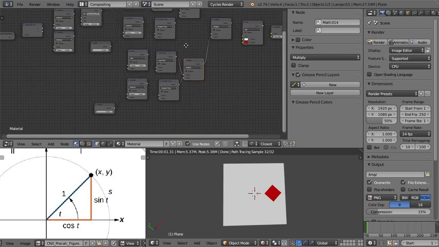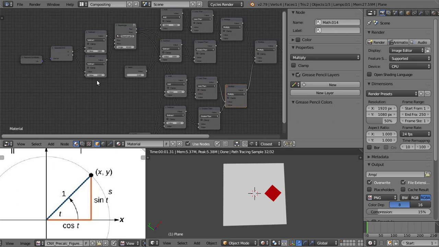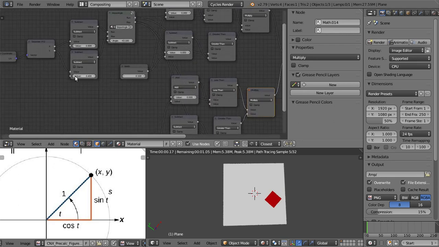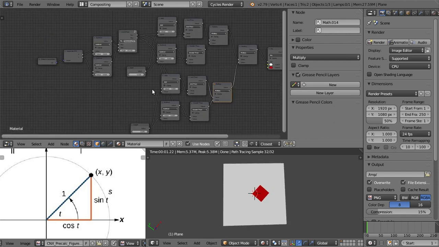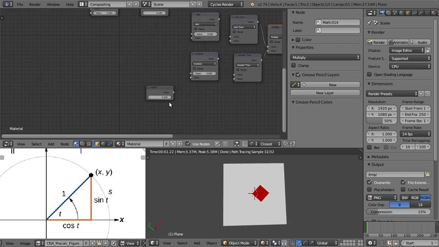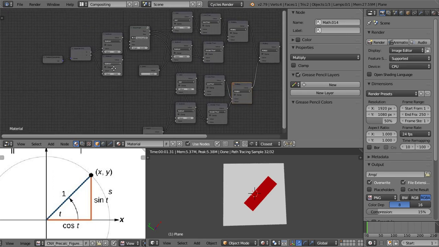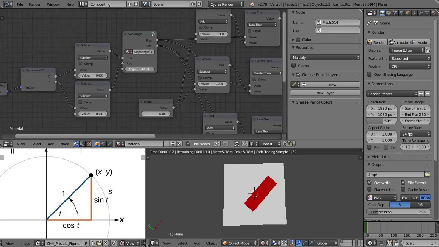Now we have a square. And it's got to be the Y position, X position. Let's change the height of the square. And let's play with the angle.